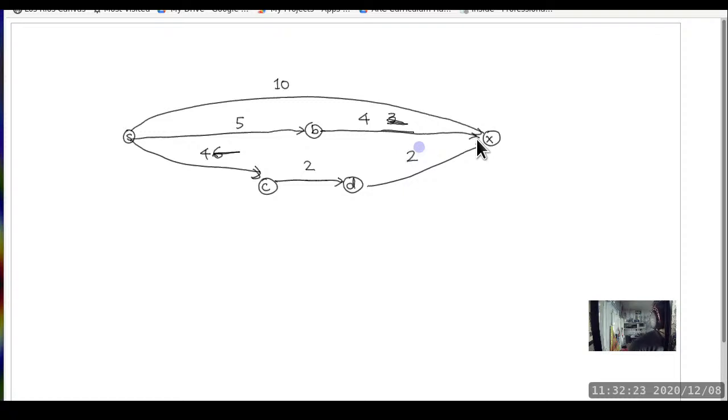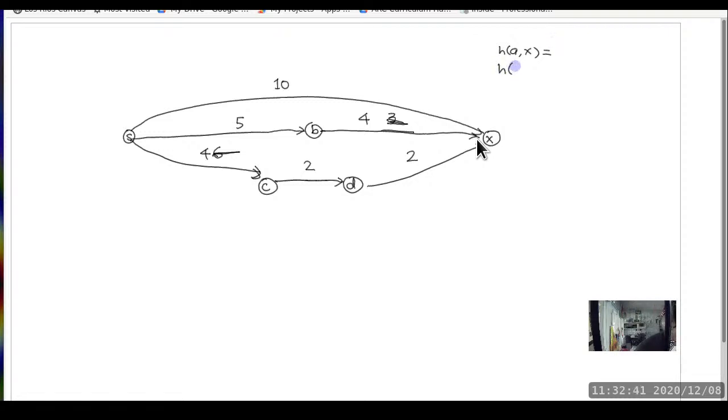Okay, now we have to define the h value, or the heuristic value. So we say, h of A to X. Now this cannot exceed 10. It can be 10 exactly, because it cannot overestimate.